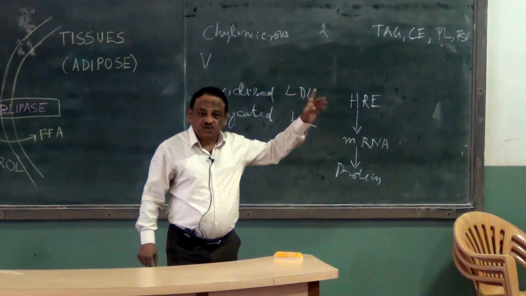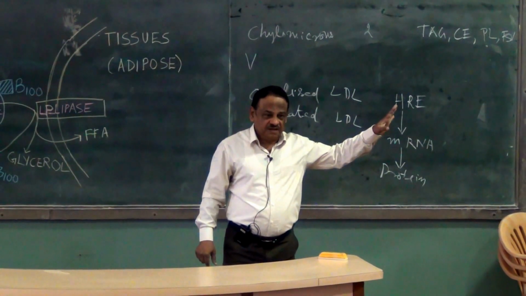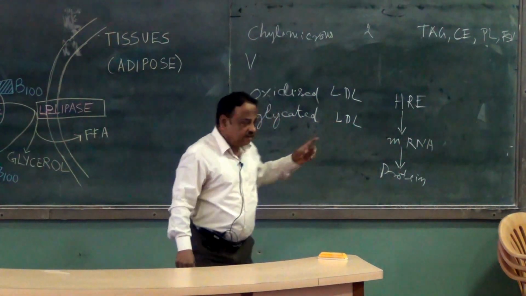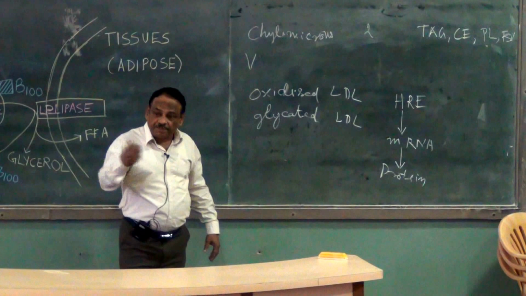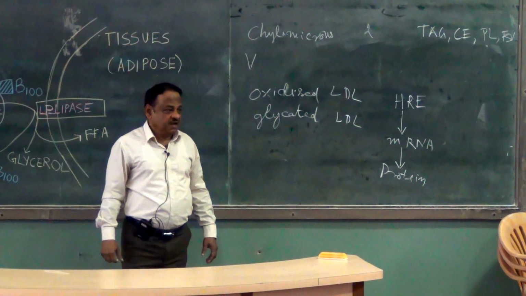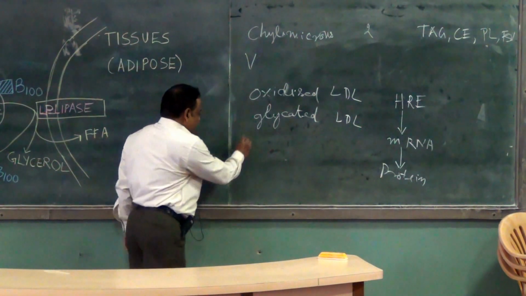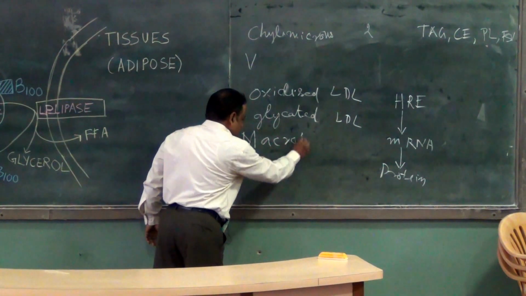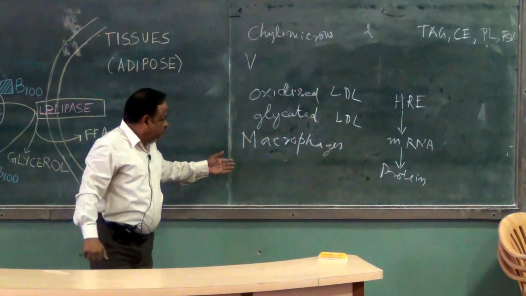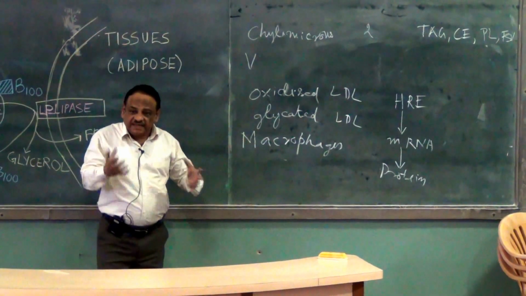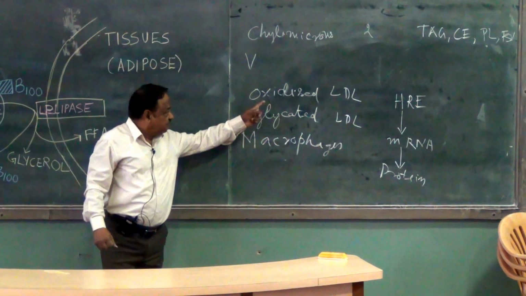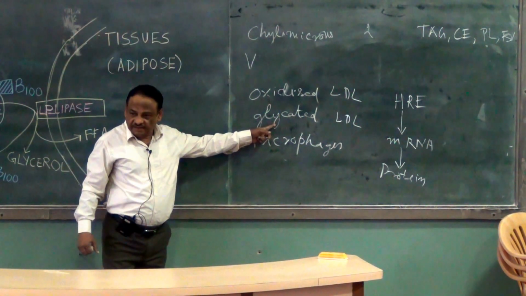This mechanism is a controlled, regulated one, and there is feedback control. Whereas here, if this happens, there will be an uncontrolled, unregulated uptake of LDL, and that is done by special cells, macrophages. These macrophages take up large amounts of LDL cholesterol, especially the oxidized and glycated.